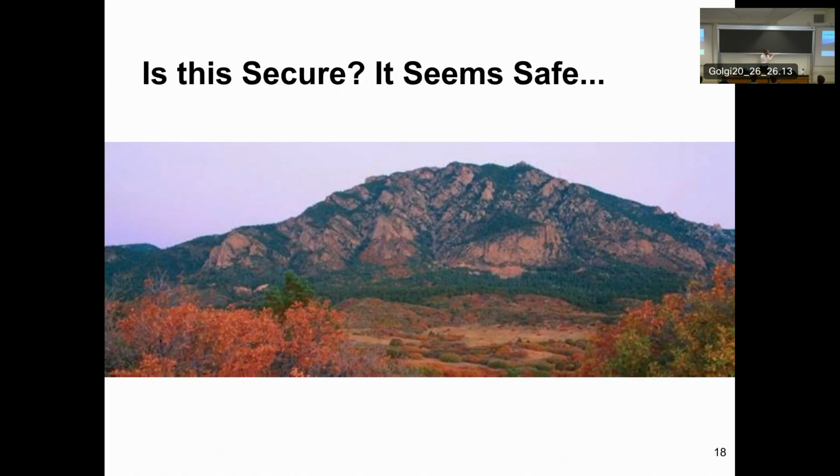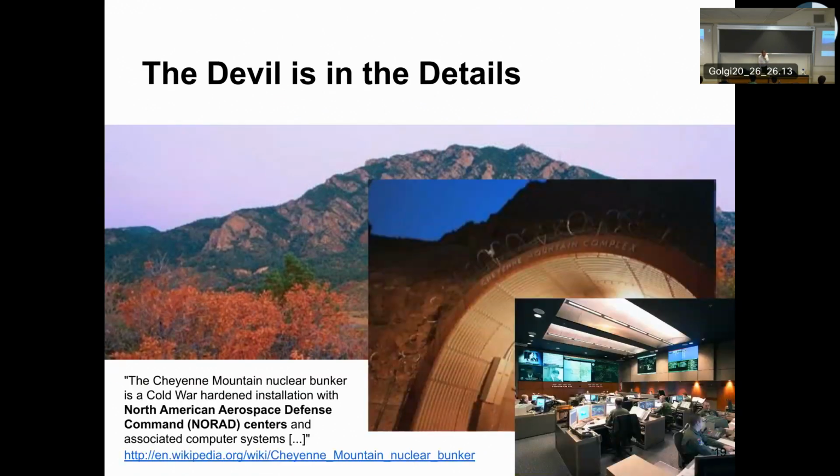This apparently nice mountain to climb. I would suggest the climb if it were not for the fact that it's the mountain which has under it, not the usual treasure and dragon, but the American Center for Nuclear Defense Coordination, or NORAD.